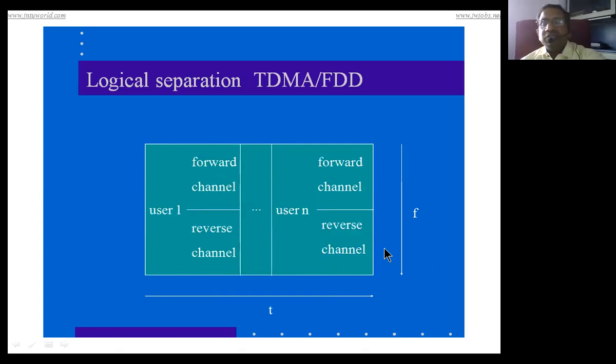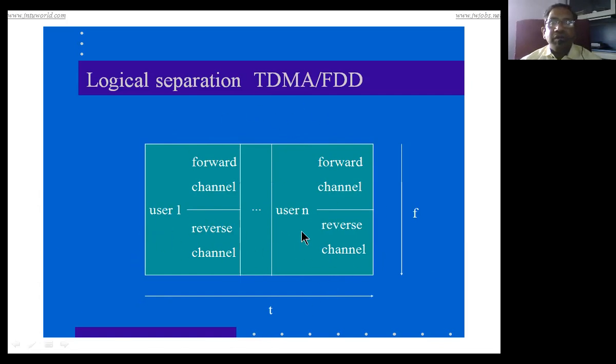Then another variety we can have is TDMA, FDD. TDMA means what? Along the time division axis, users are given different time slots. User 1 is given this time slot, user 2 another time slot, user 3 another time slot, and so on up to user n. So different time slots are allotted to different users.